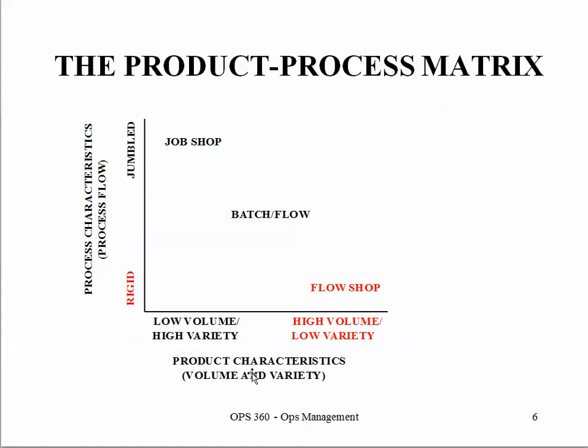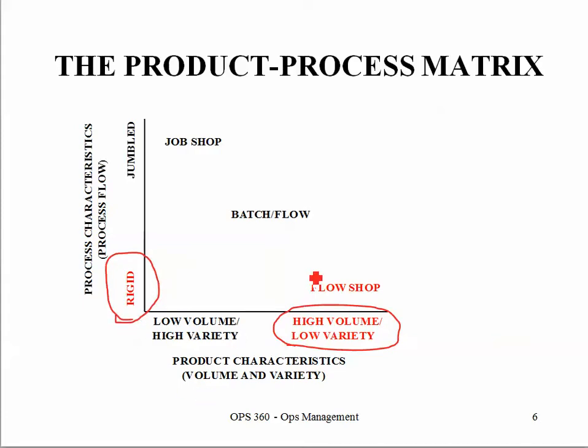At the other extreme, you have the business that just makes a lot of a few different things. You get that bottling operation, cranking out sodas or whatever. They make high volumes of just a few different things, and therefore all their products are pretty much going to follow the same sequence of steps of operation. It's going to have a very rigid flow.